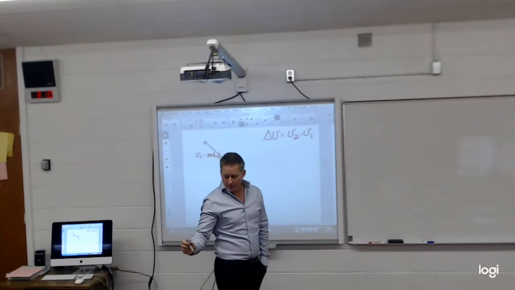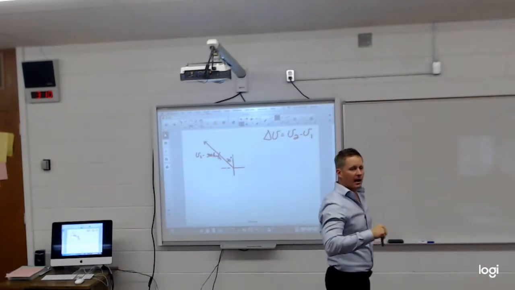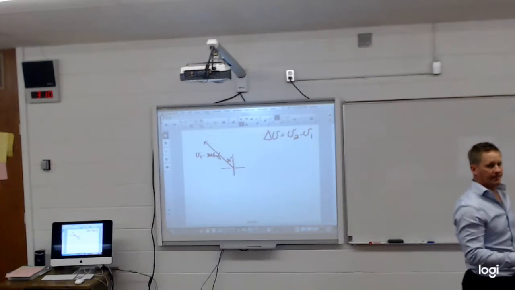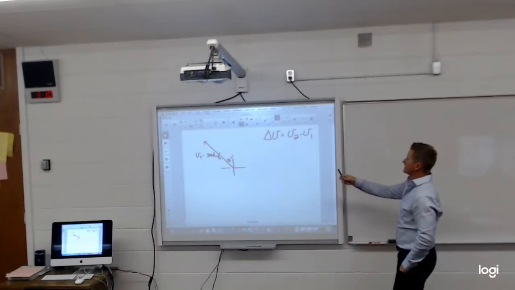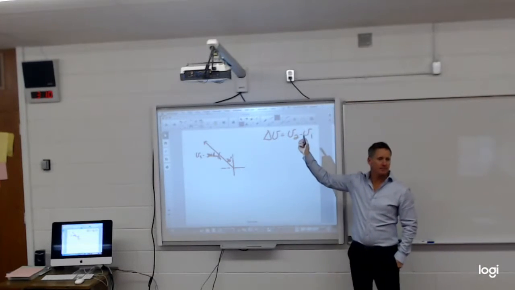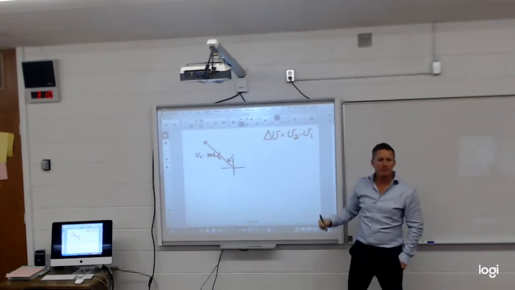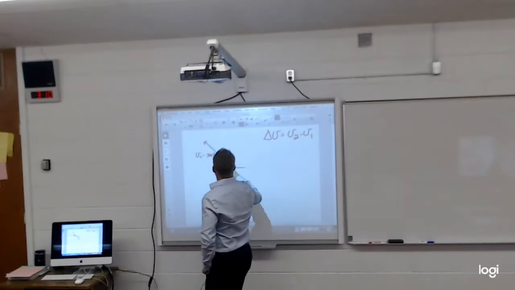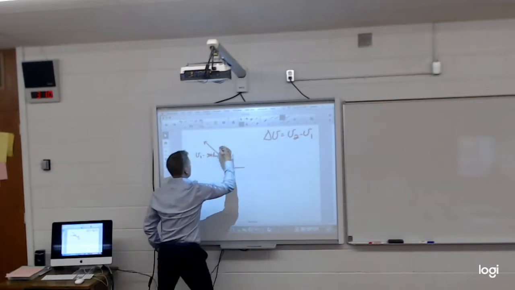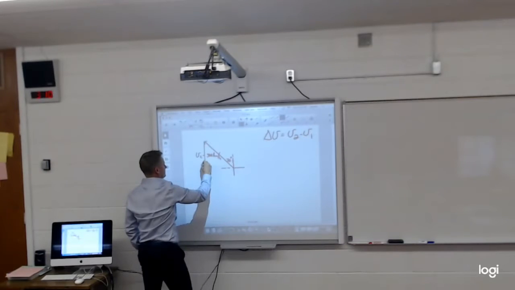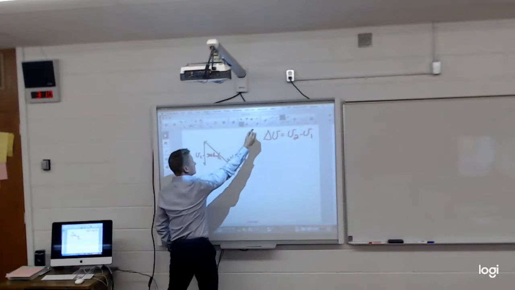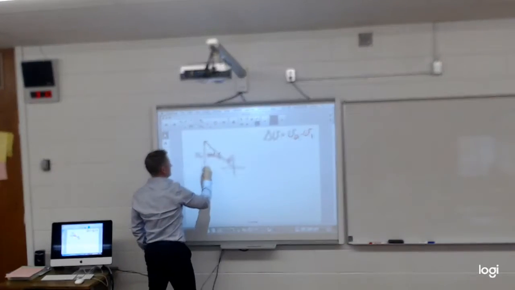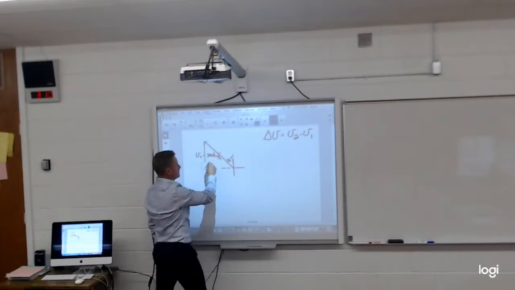My V1 vector is 200 kilometers an hour to the north. But this equation says I want the negative of that. So I want to put it to the south. So I draw it down like this. In fact, it's probably, I don't know, is it 200? Yeah, so it'll be right there.